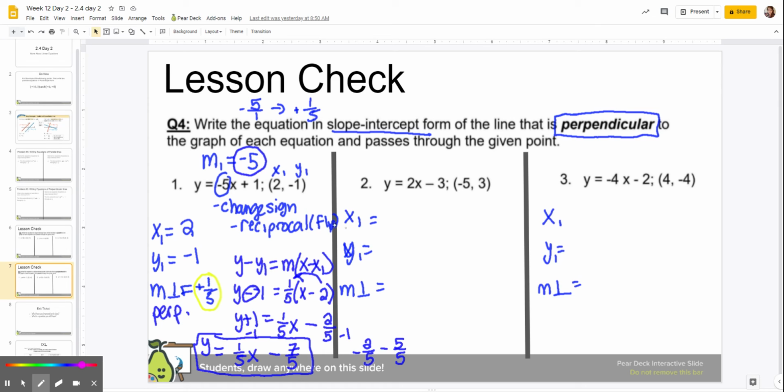If we look at the next one, let's identify. We have x1 is -5 and y1 is 3. The original slope is +2/1, or just 2. To find the perpendicular slope, we change the sign. It originally was positive, so I make it negative.